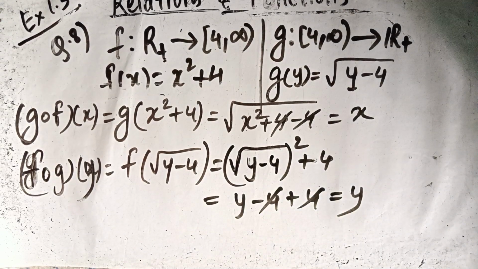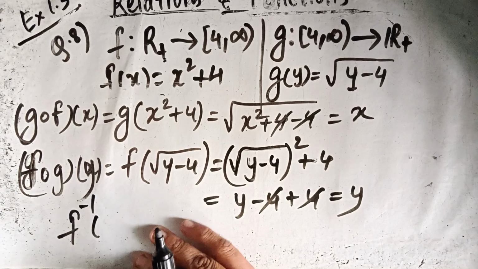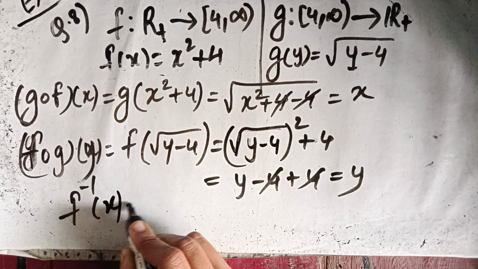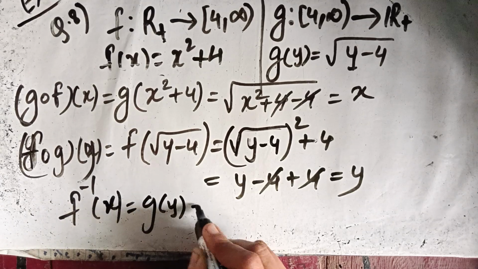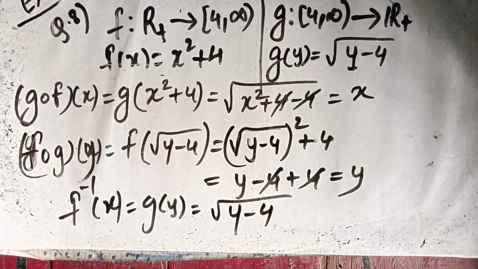So we can say that f inverse exists. F inverse is given by g of y, root of y minus 4.